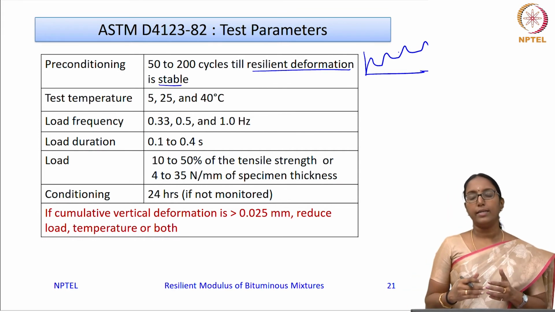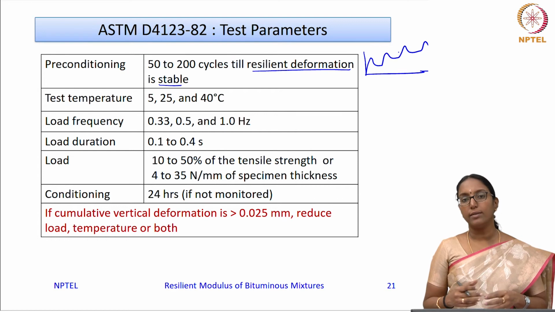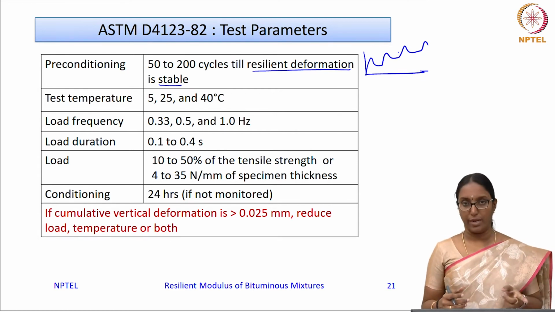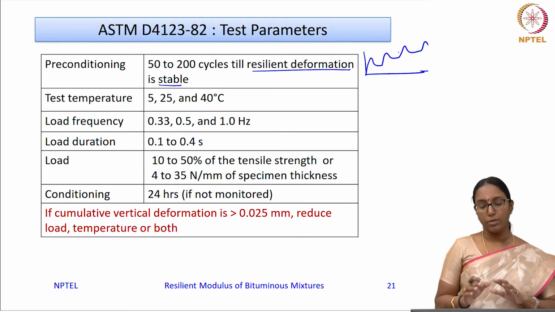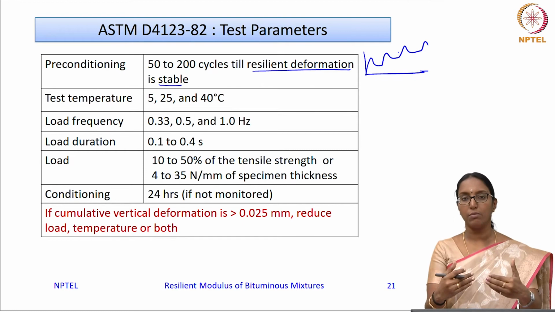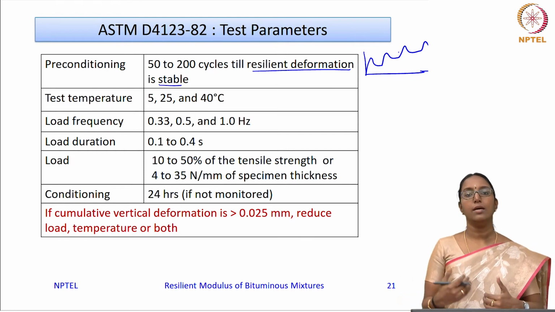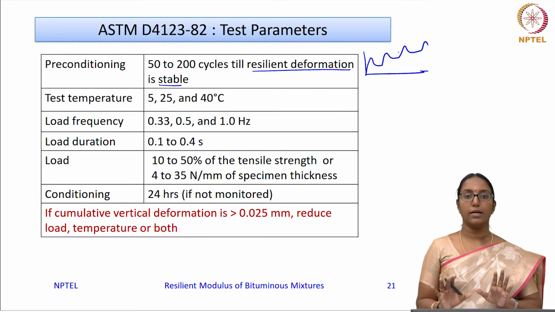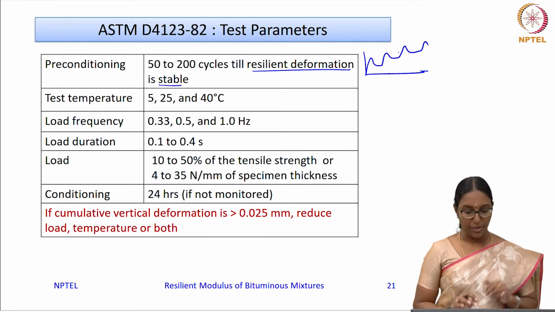Okay. It is not very clear whether you are looking at a stable strain or you are looking at a stable strain rate. Okay. So, what is mentioned is that you are looking for a resilient deformation. Whenever the resilient deformation becomes stable, you can do the test for the computation. So, it is mentioned that 50 to 200 test cycles are to be given for preconditioning.